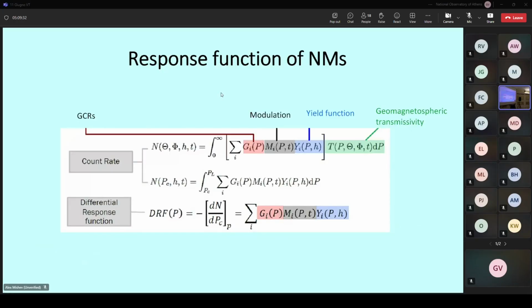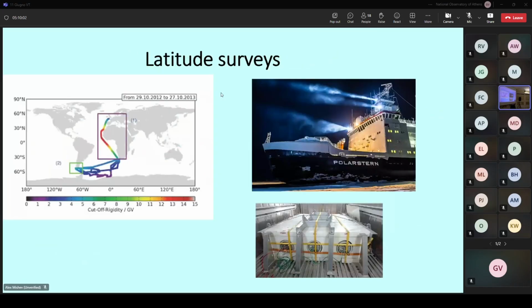If we have a good model and account properly for the transmissivity, we can integrate this expression over the cutoff rigidity of the station. And if we have a calibrated or well measured spectrum and yield function, we can account for the modulation, or vice versa.